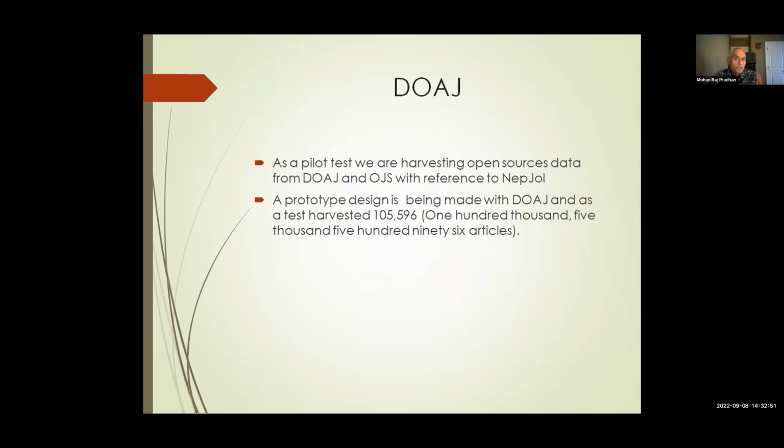As a pilot test, we have harvested the open source data from DOAJ and OJS, and in OJS, NEPJOL is being used as a pilot project. A prototype design is being made with DOAJ, and as a test we harvested 105,596 articles.